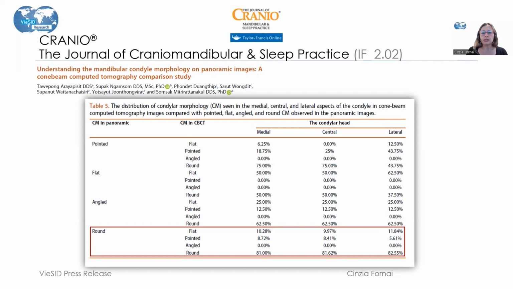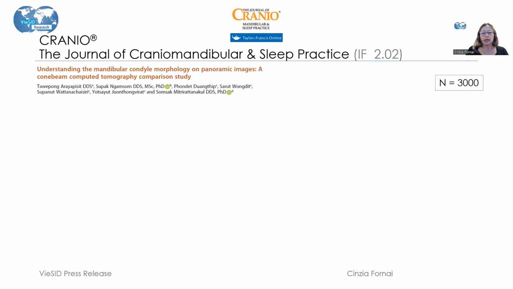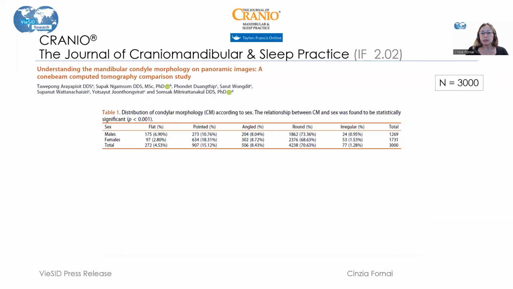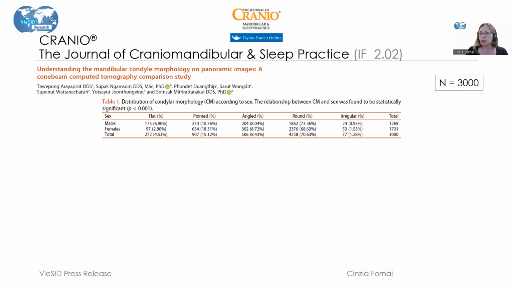So in my opinion, these results show that the panoramic radiographs can provide an indication about condylar morphology, but in no way can assessment of TMJ morphology be based on panoramics. With regard to the epidemiological assessment performed on 3,000 panoramic radiographs, the authors found different distribution of classes between males and females due to different prevalence of flat and pointed condyles.